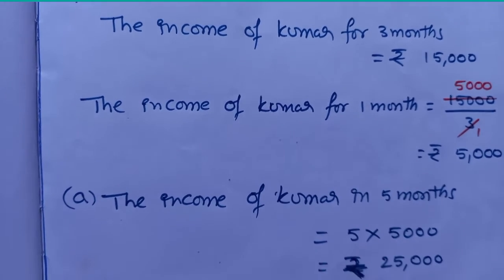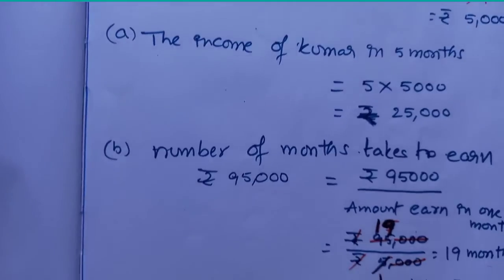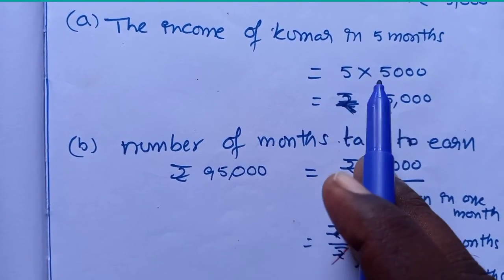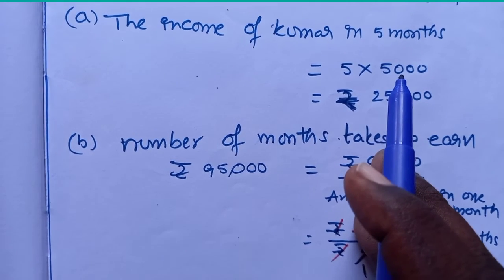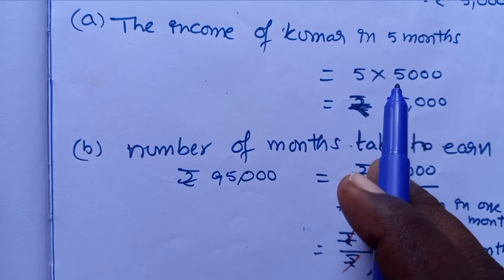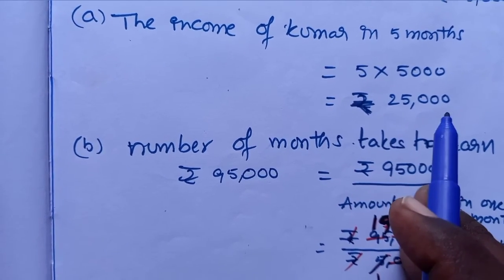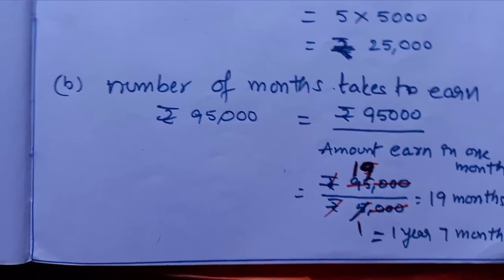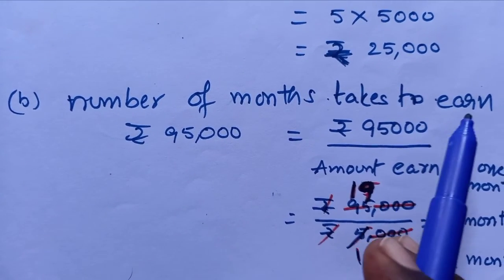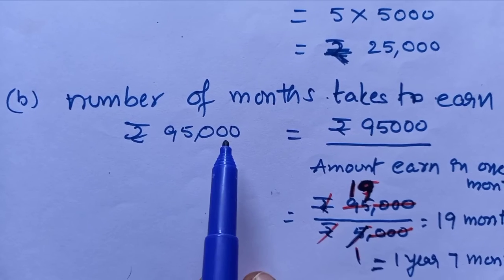Now, part A. The income of Kumar in 5 months equal to 5 into 1 month income, 5 into 5,000 equal to 25,000.